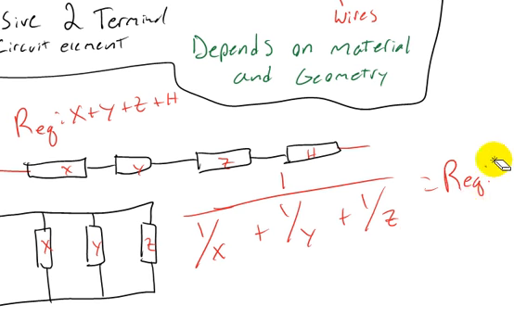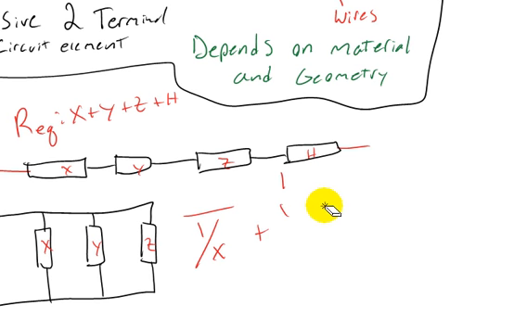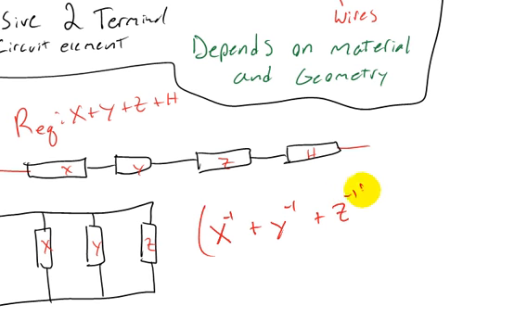And I guess a better way to write this whole thing, even how I enter it into the calculator, is a lot easier. Say X to the negative 1 plus Y to the negative 1 plus Z to the negative 1. And all this has to be over 1, so that's the negative 1.